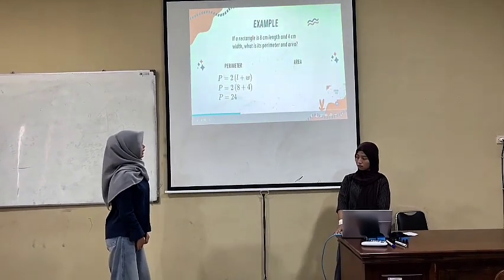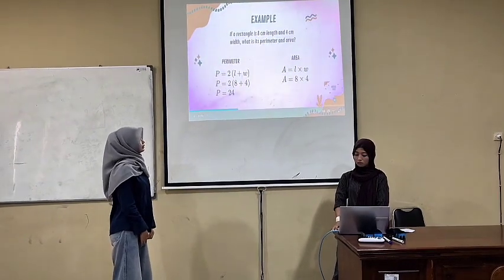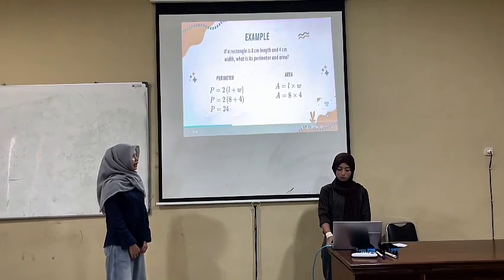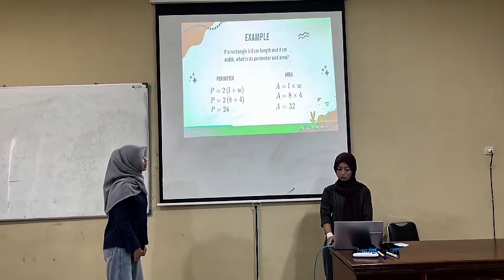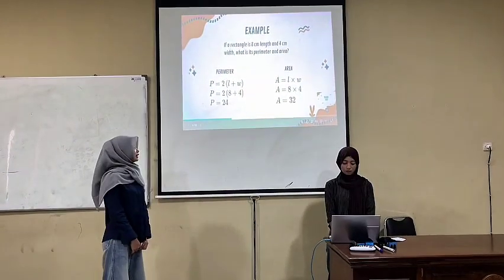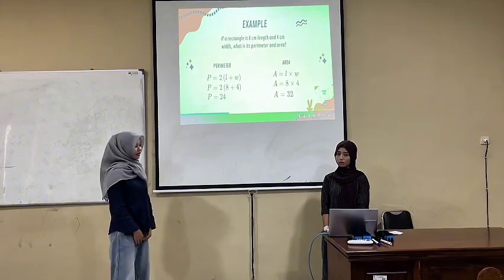For area, substitute in the formula. A is length 8 times width 4. A is 32. So, perimeter is 24 and area is 32.